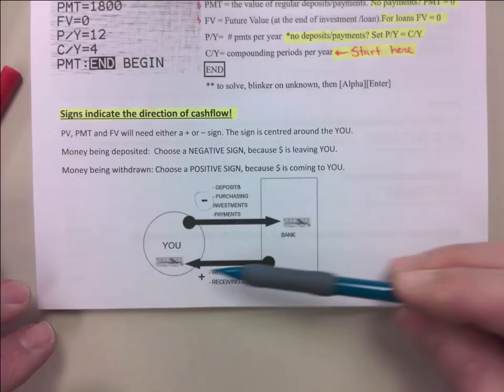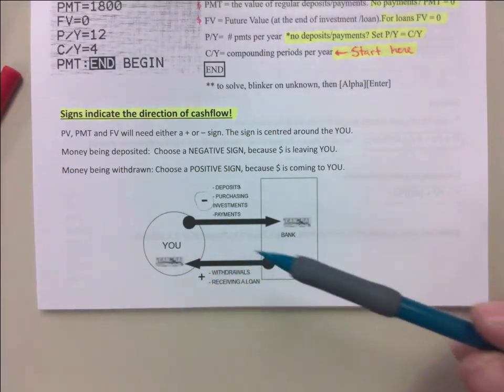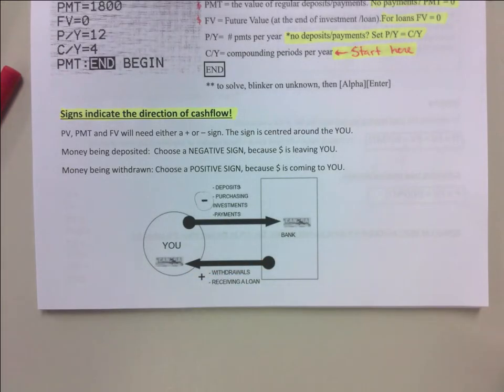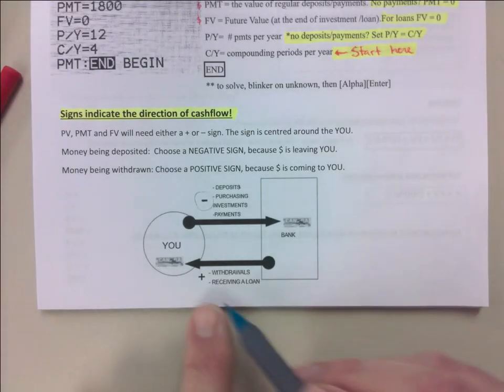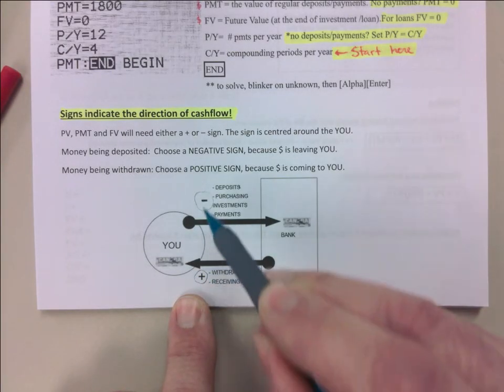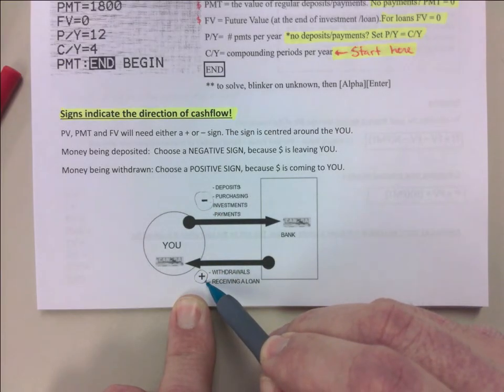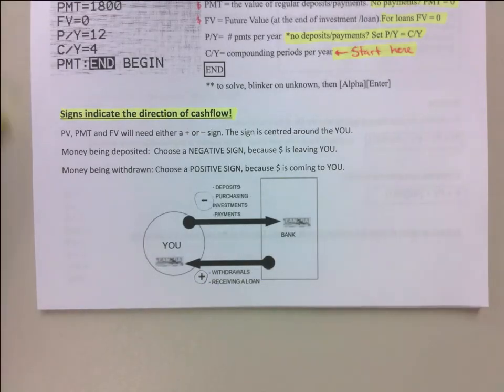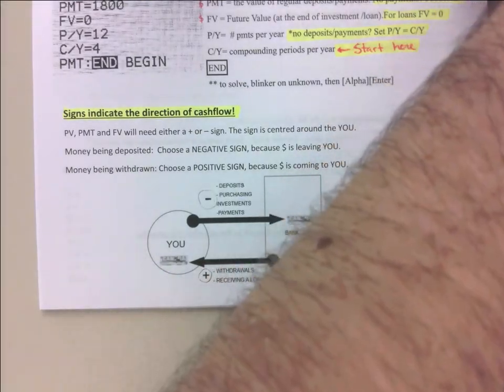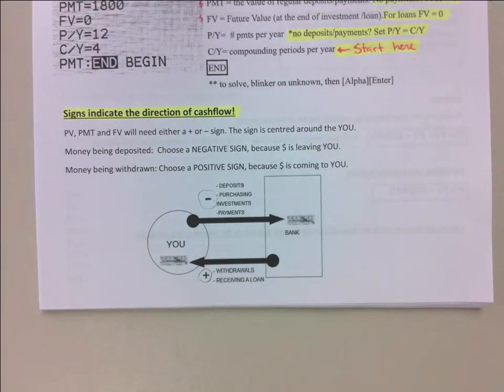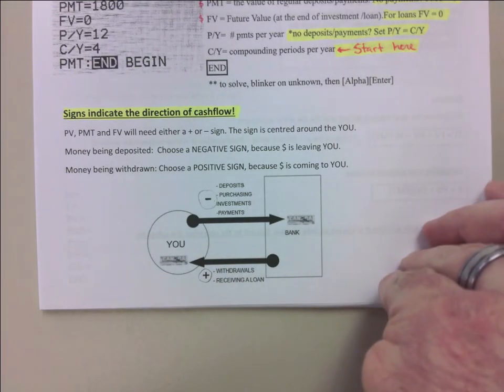If you're getting money from the bank, you're withdrawing, you're taking, it's time to cash in your investment, then it'll be positive. This is going to be a bit of a learning curve, but I will show you how to do that. Remember, if it's leaving you, it's negative. If you're getting it, then it's positive.